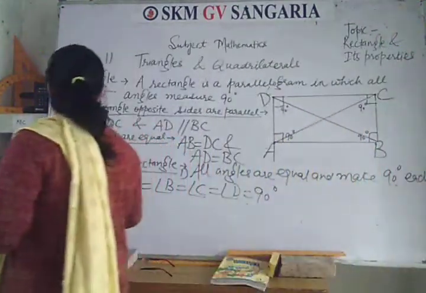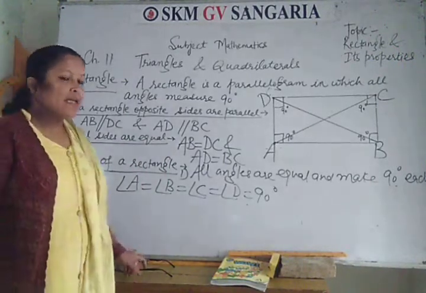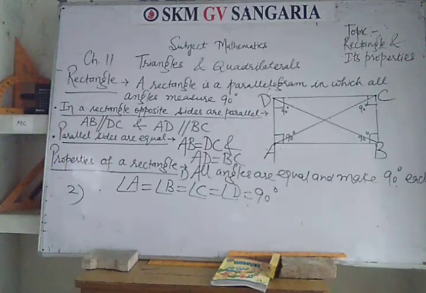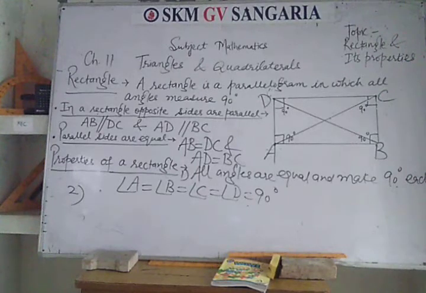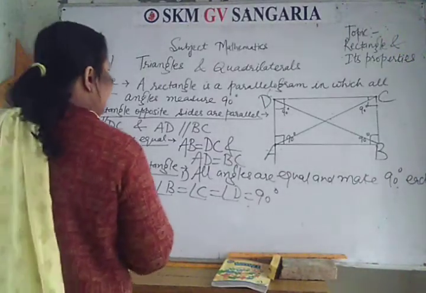Then the second property of this rectangle is that diagonals are equal. Now, which are diagonals? Look at the figure. Which are diagonals here? AC and BD. So diagonals are equal.